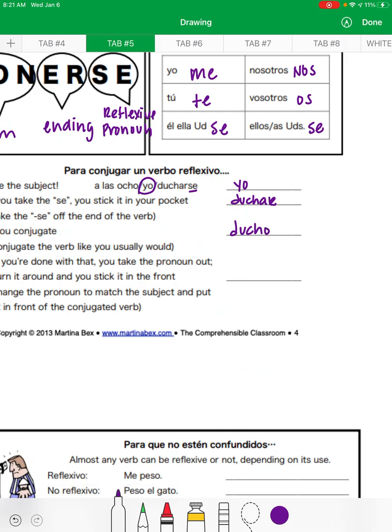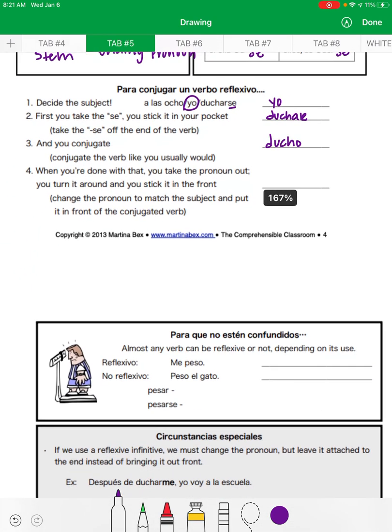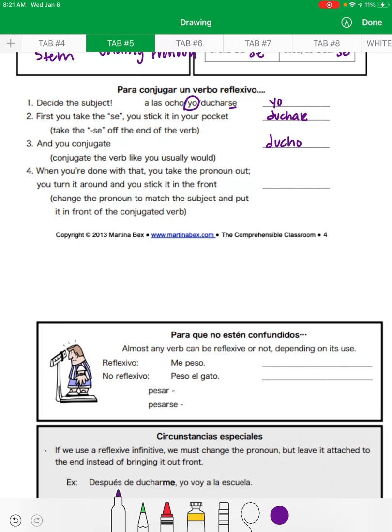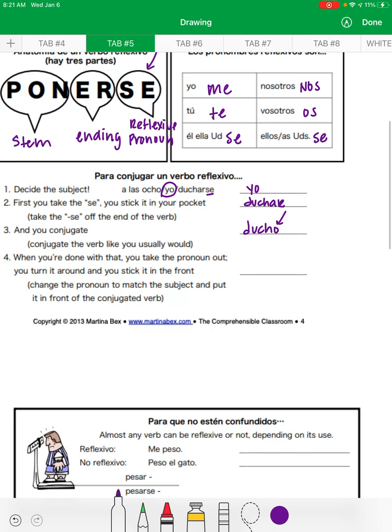Okay, ducho. All right, when you're done with that, you're going to take the pronoun out of your pocket that we stuck in there, and you're going to put it at the front. And the pronoun is going to match the ending, okay? So if I'm doing the action and it's happening to me, I'm going to use me. So I've got me ducho.